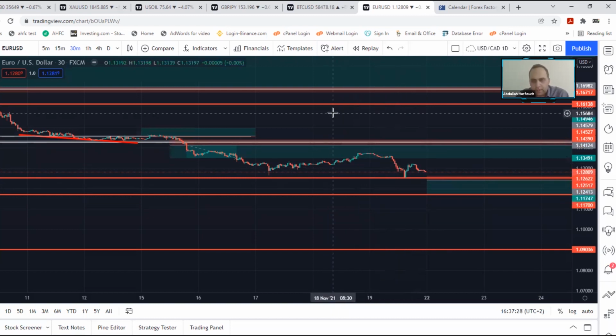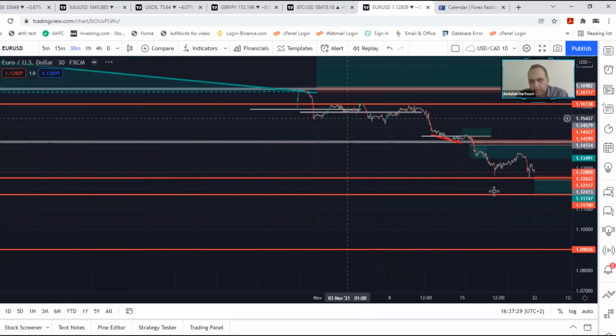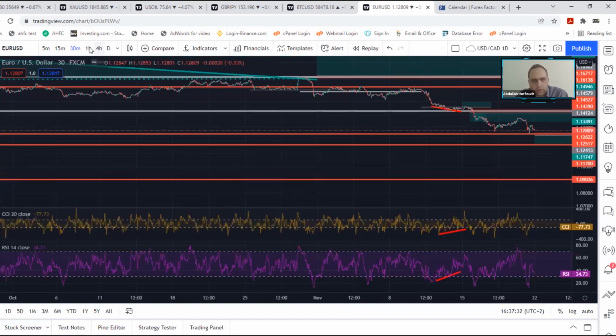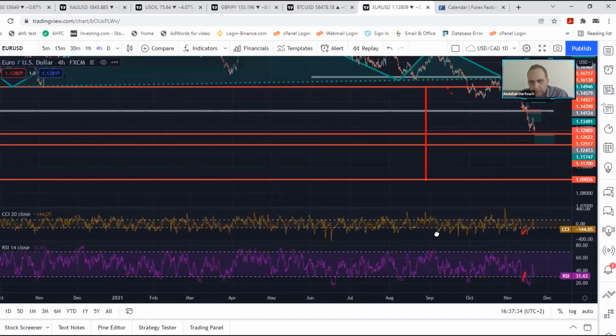As for the buy, if we have a retracement, because we are still having some, check the 1 hour, 4 hours even, we start having some divergence at this level.